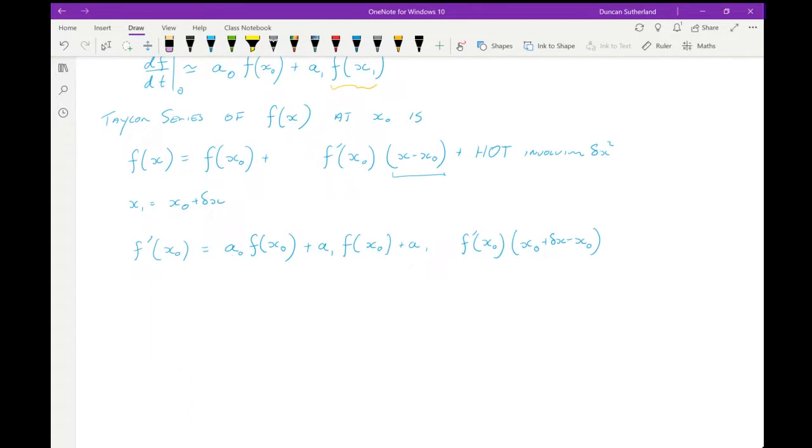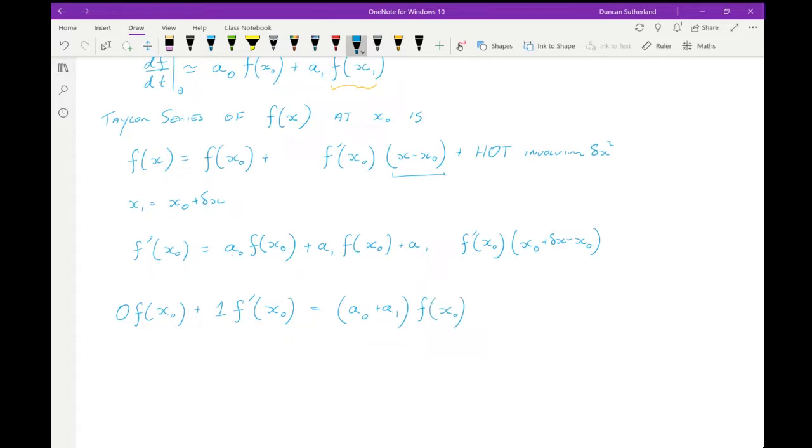All right, so now we equate like terms. I'm just going to group up the like terms. This is something that catches a lot of people. I'll write out like terms on both sides of the equation: 0 times f of x0 plus 1 times f prime of x0 equals a0 plus a1 times f of x0.